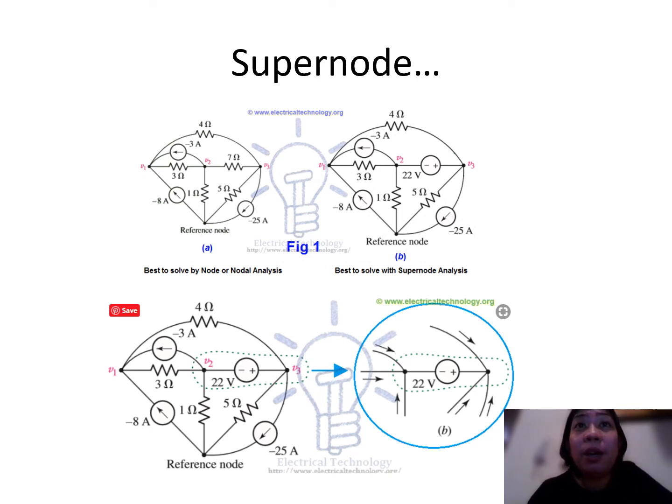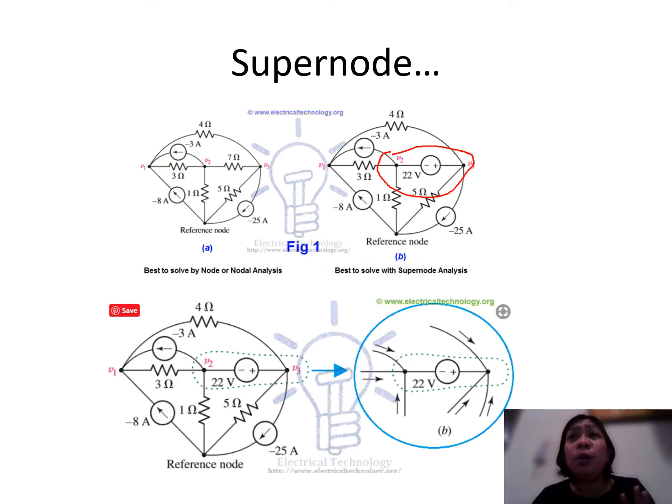class, we have a 22 volts voltage source between V2 here and V3 here. So we're going to treat node 2, node 3, and the 22 volts together as a super node, okay? And then you're going to apply KCL to both V2 and V3, or node 2 and node 3, at once.